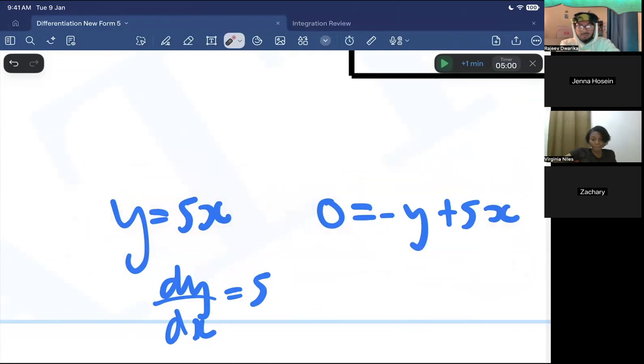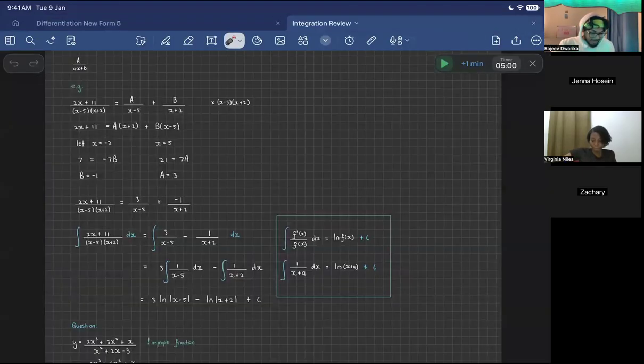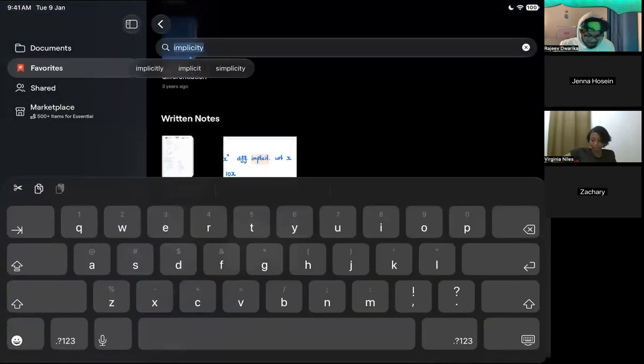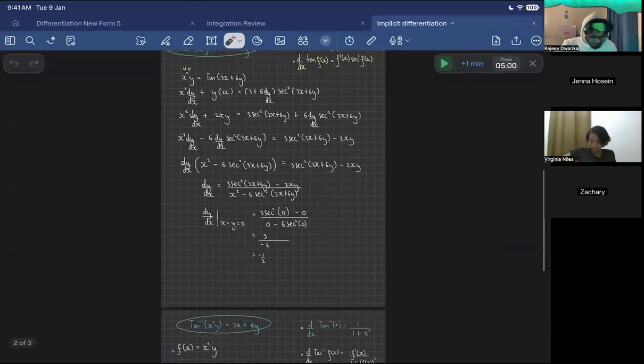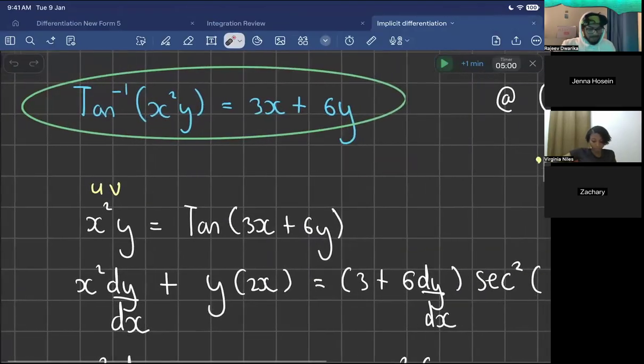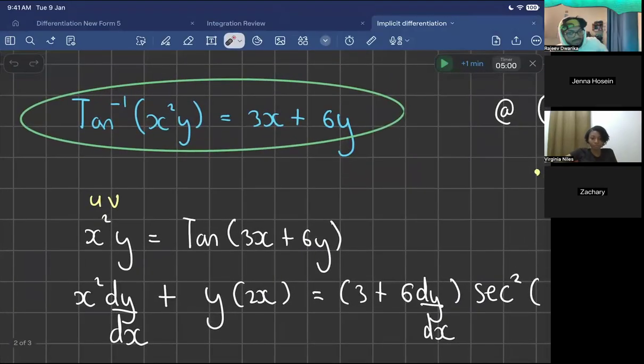Because you have to make it into something that could be differentiated. But I mean you could differentiate even if y is not the only subject of the formula. Let me show you. Like if you had tan inverse of x squared y is equal to 3x plus 6y, you can't really make y the subject of the formula there.